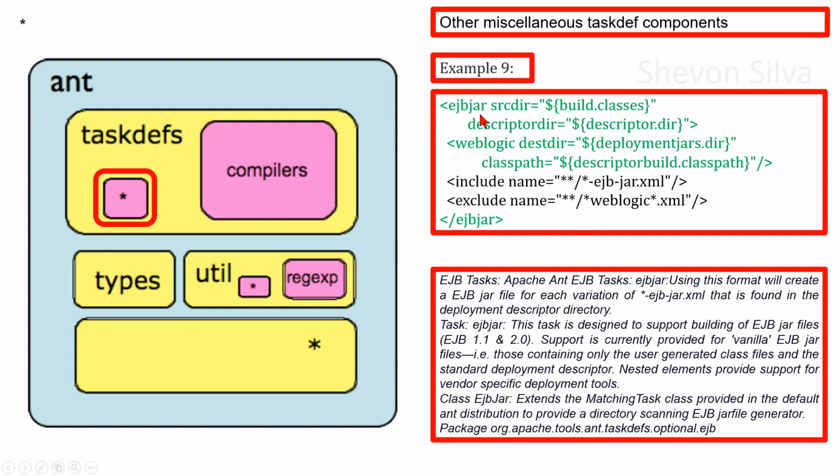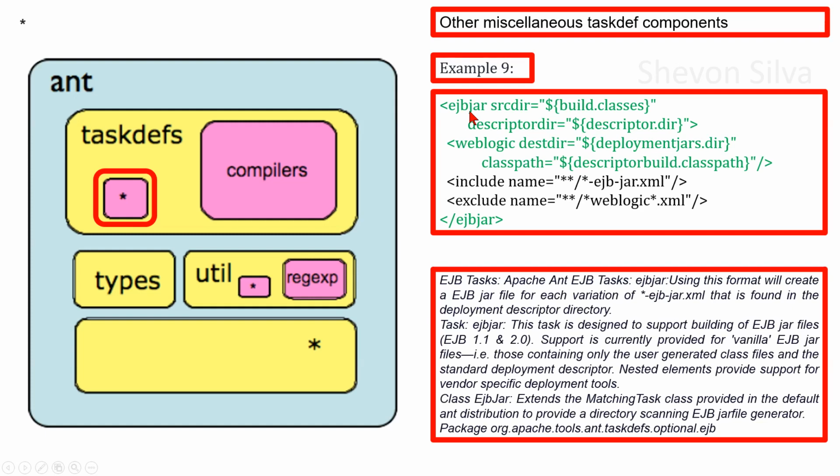For each descriptor found, EJB jar will parse the deployment descriptor to determine necessary class files which implements the bean. These files are assembled along with the deployment descriptor into well-formed EJB jar file.